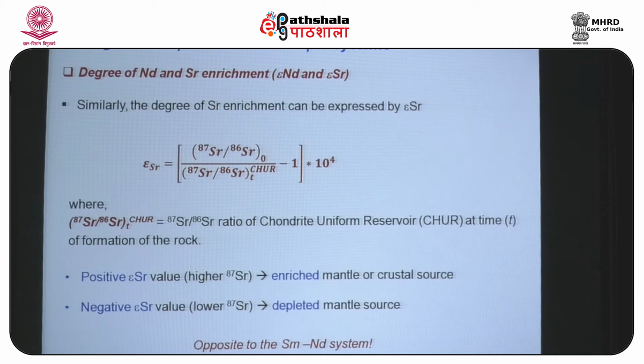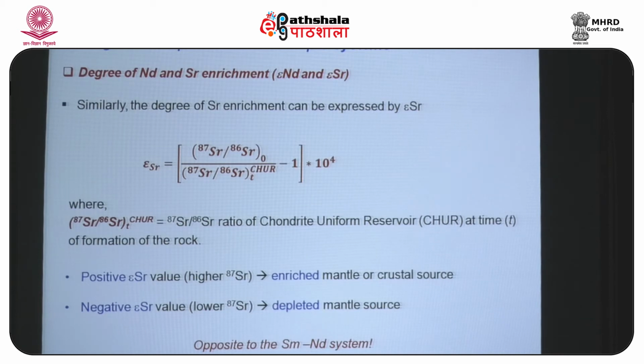When we have a negative epsilon strontium value, that is lower 87 strontium, it comes from a depleted mantle source, because we have seen previously that 87 strontium is relatively depleted with respect to bulk earth in the mantle. So, the process is very similar, but the values and the implications of the values are just opposite to those of the samarium neodymium system.